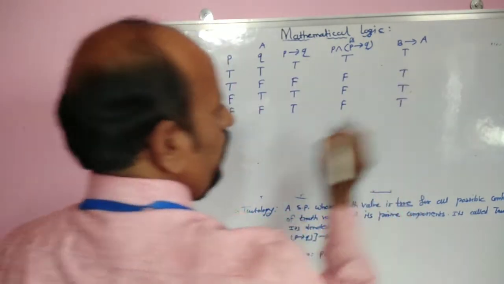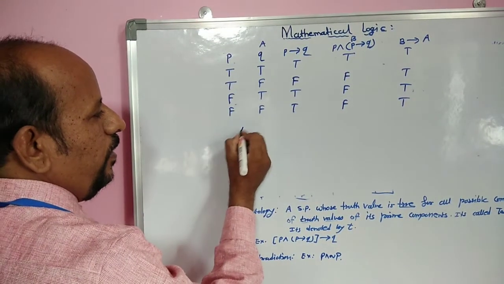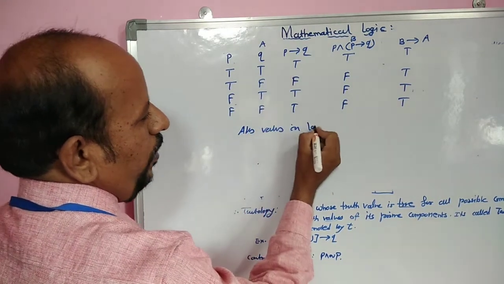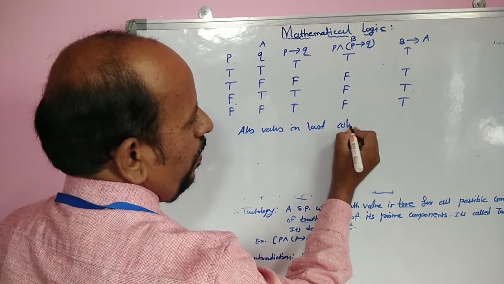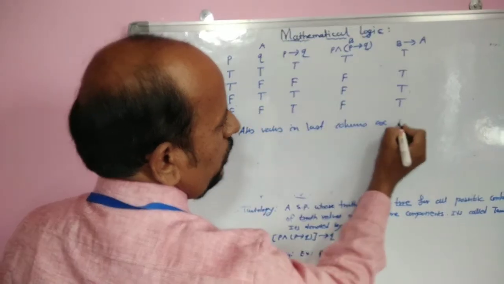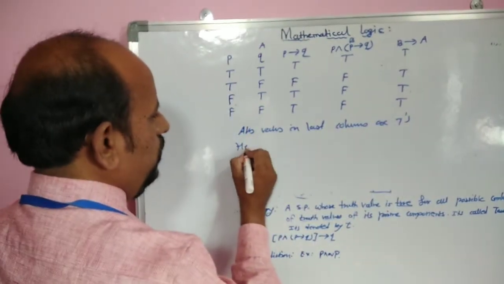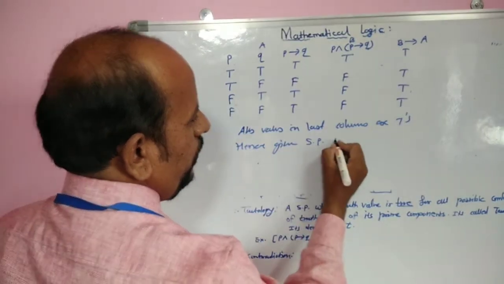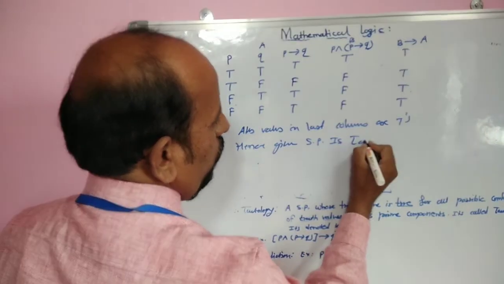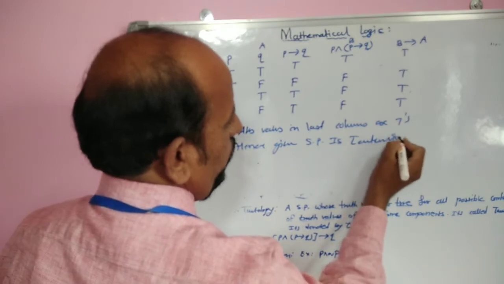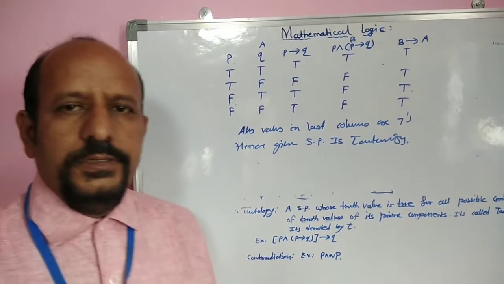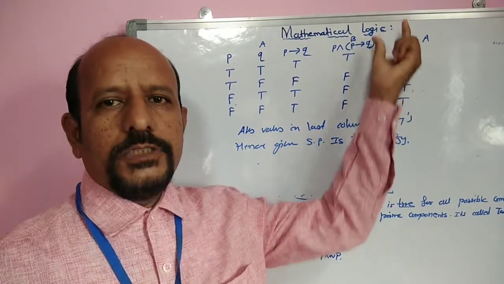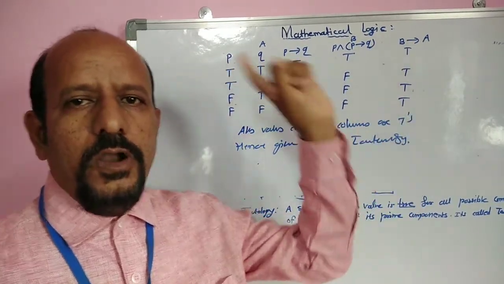Therefore, all the values in the last column are true. Hence the given statement pattern is a tautology. That means we draw the truth table and observe the last column. If the last column is all true, then it is called a tautology.